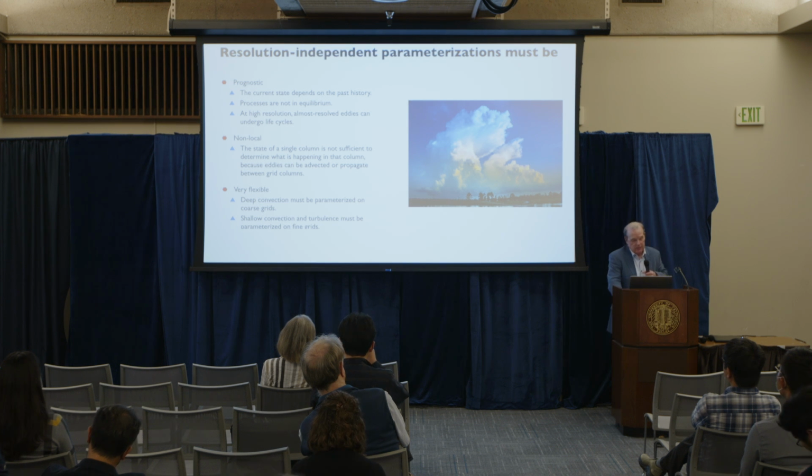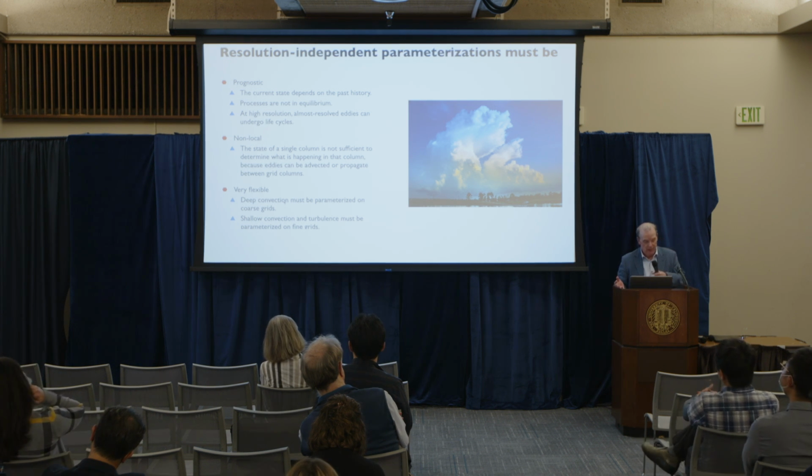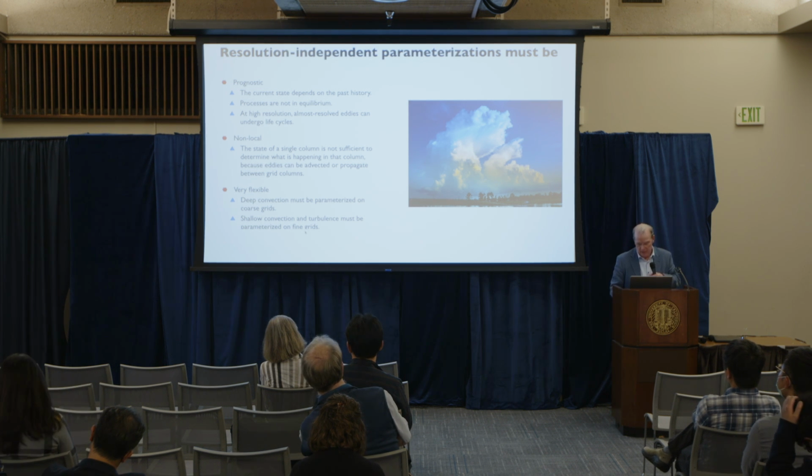And a resolution-independent parameterization has to be very flexible. Deep convection has to be parameterized when the grid is coarse, but not when the grid is fine. And shallow convection and turbulence have to be parameterized at all resolutions, basically down to a few kilometers.